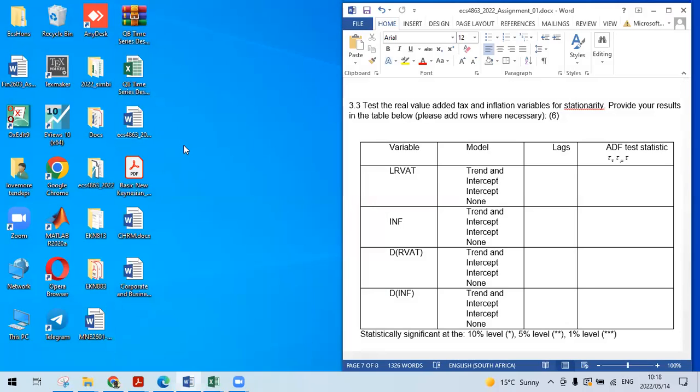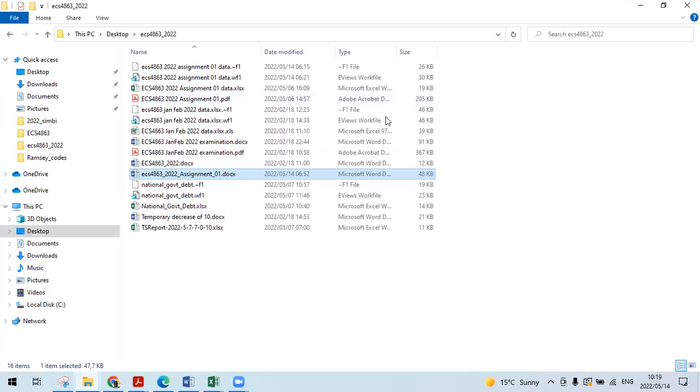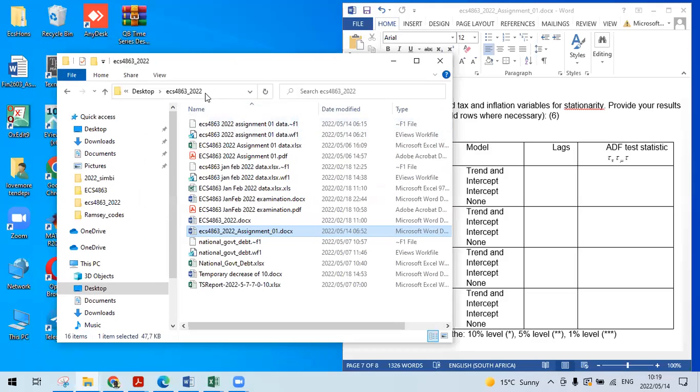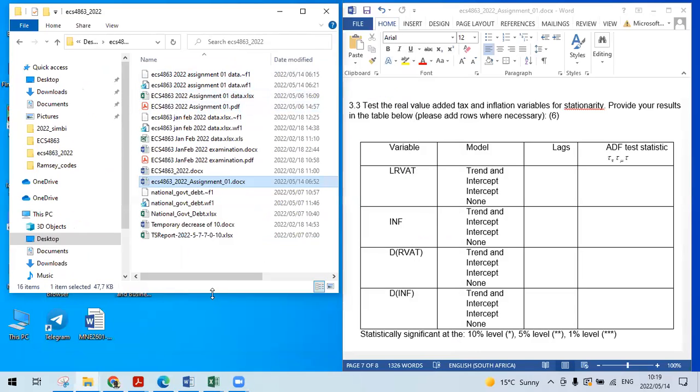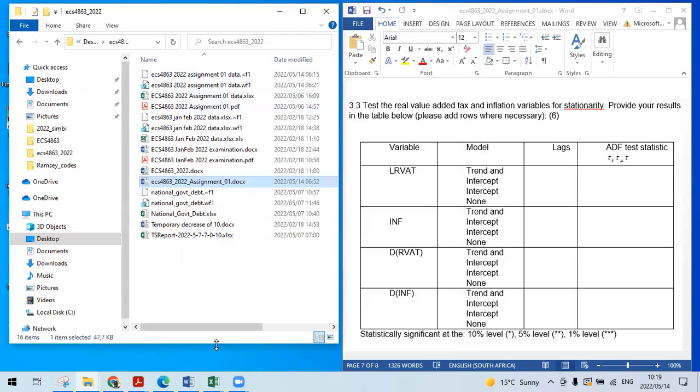Where is my stuff? It's here. This is what I have. Yes, this is where I'm saving my stuff for 2022.